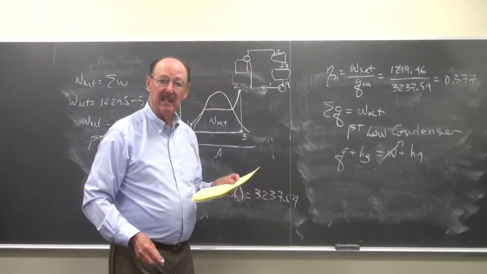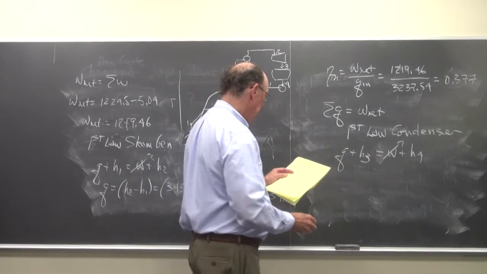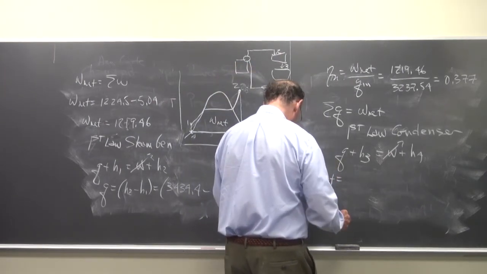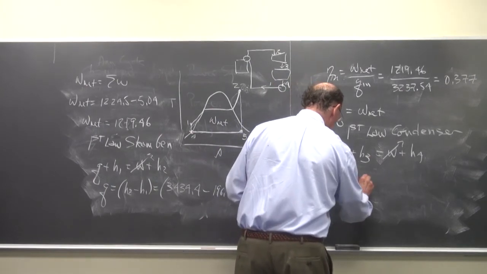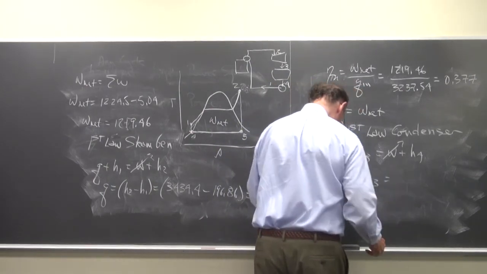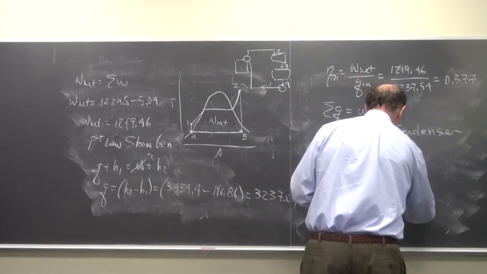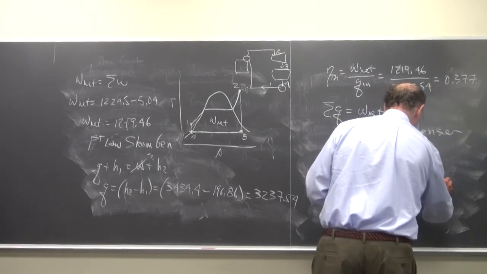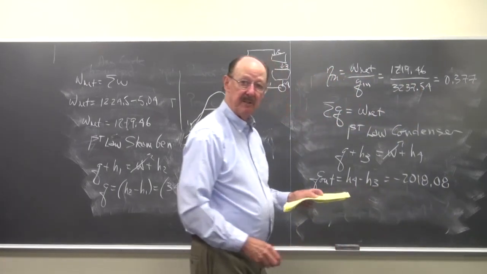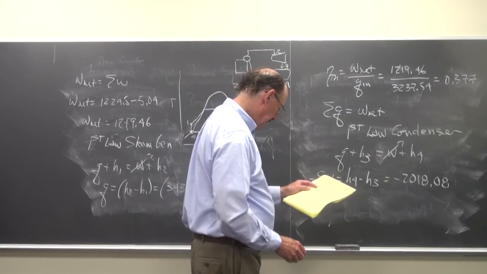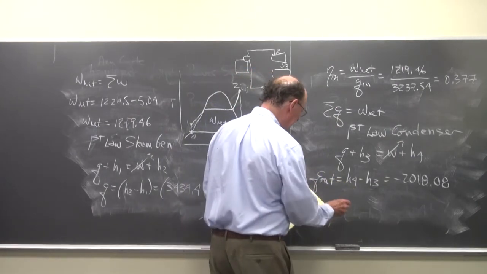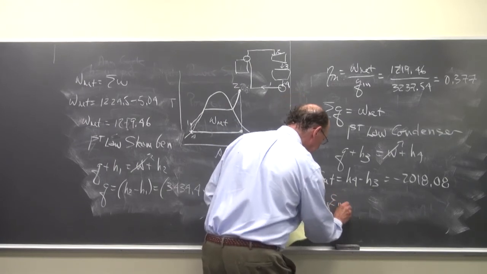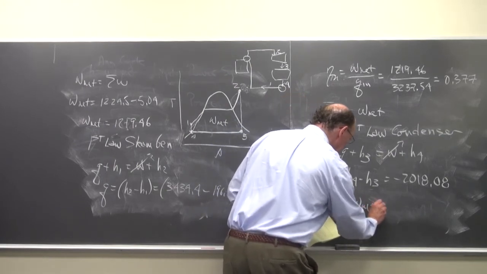Again, there's no work being done, it's simply a heat exchanger, so Q out is equal to H4 minus H3, which is equal to minus 2018.08. When we get down to the hundredths level, it's a little too much. And I could get the same thing if I did sum Q: Q in minus W net gives Q out.